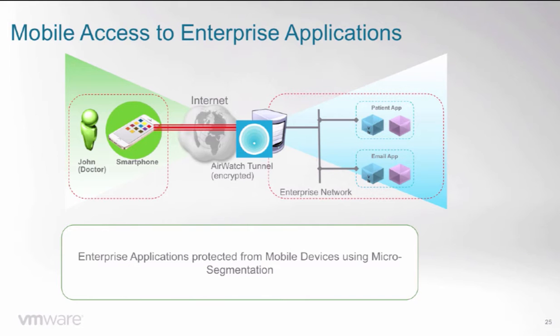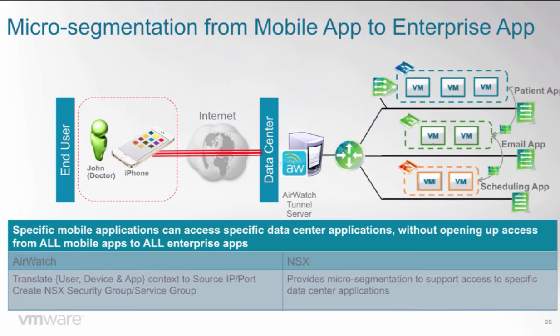By leveraging NSX, we'd be able to give John access to the applications that he needs through an Airwatch app level tunnel, and then segment out the different servers and environments that are inside of the data center. So that even if there was, again, a perimeter breach where someone stole John's smartphone and was able to hack into it and get into certain applications, they wouldn't be able to move around inside the data center undetected.